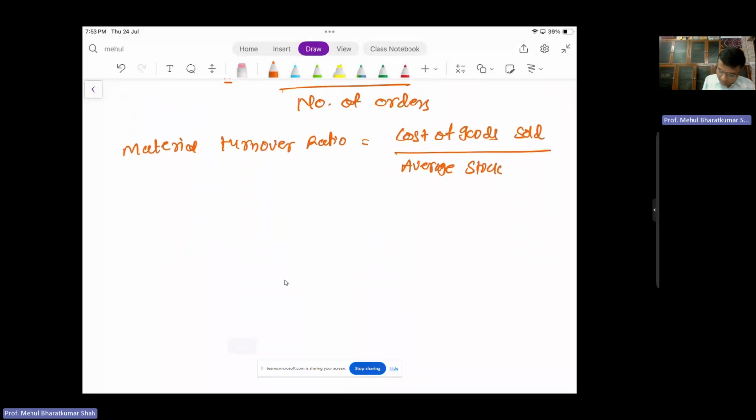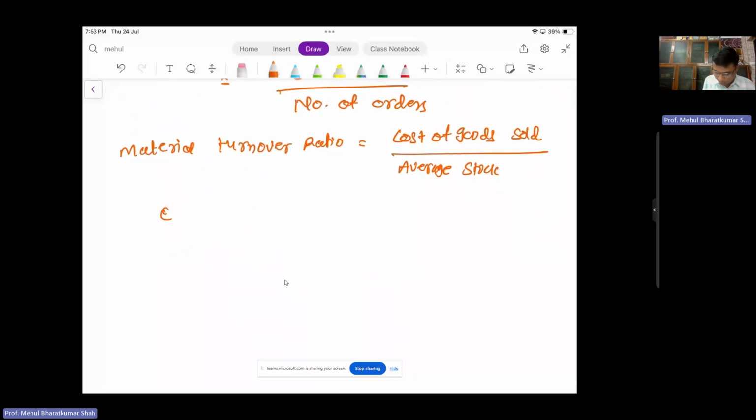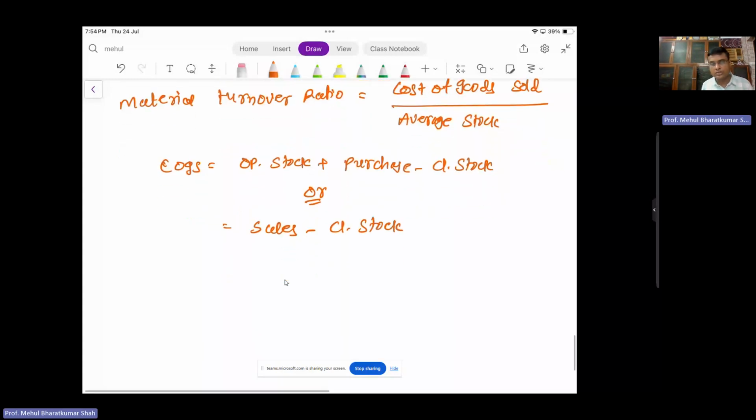So I'll write in short form COGS, meaning cost of goods sold, is equal to opening stock plus purchase minus closing stock. Or if there is no data regarding opening and closing stock, then with another formula we can calculate COGS. So the second formula of COGS is sales minus closing stock.